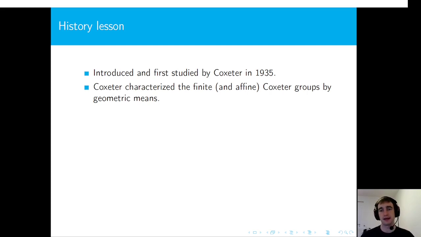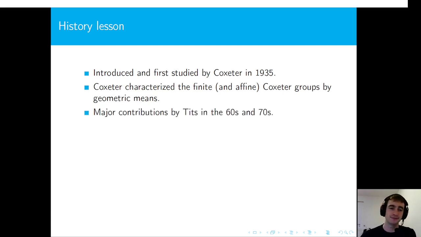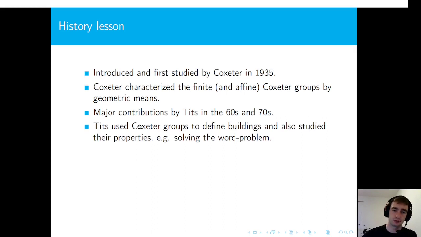There has always been active research about Coxeter groups, but I think the next really, really big, quote unquote, breakthrough or big player has been Jacques Tits in the 60s and 70s. And what he did, first of all, he used Coxeter groups to define buildings. If you know what that is, great.